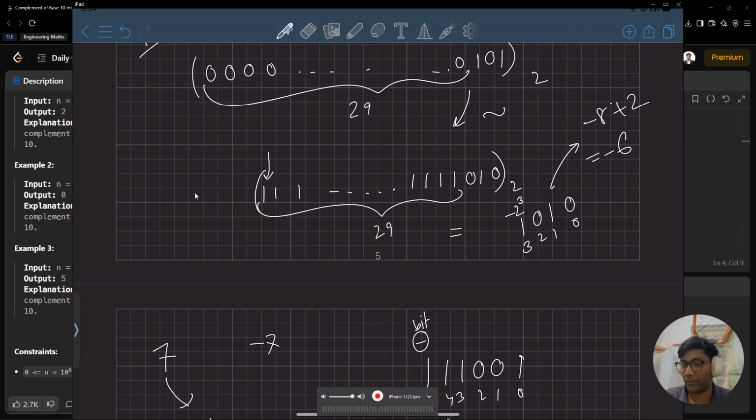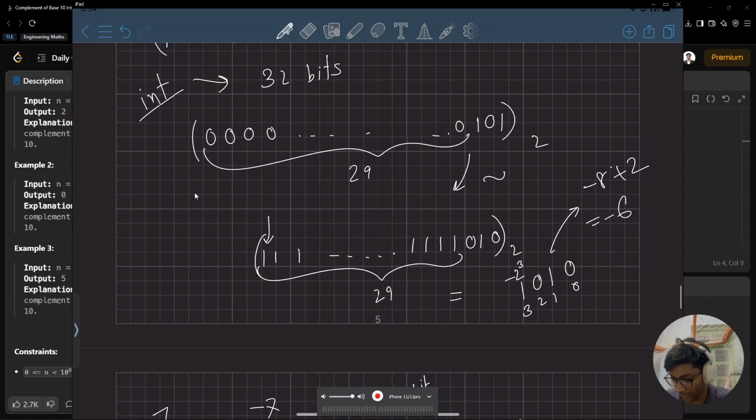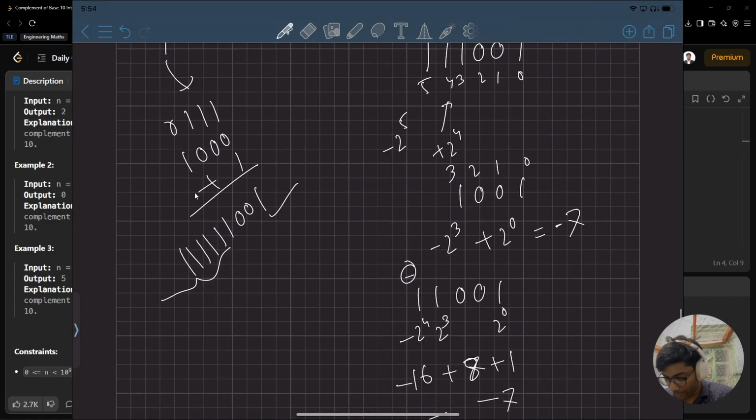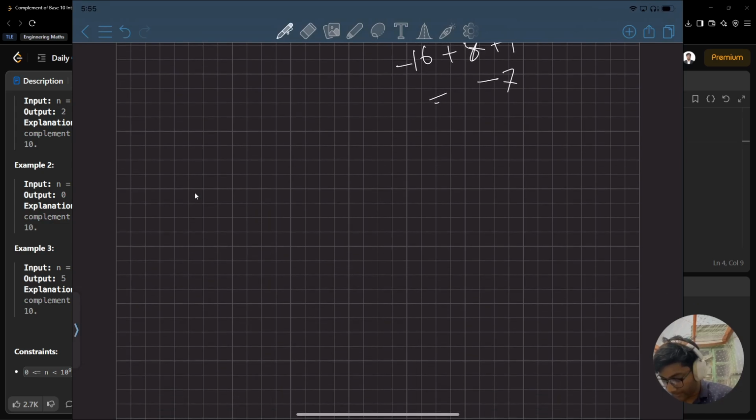This is not what we want. We want just 010, and not something in the front that is ruining my answer. So we want to restrict our scope. We can restrict our scope by first finding the most significant bit.